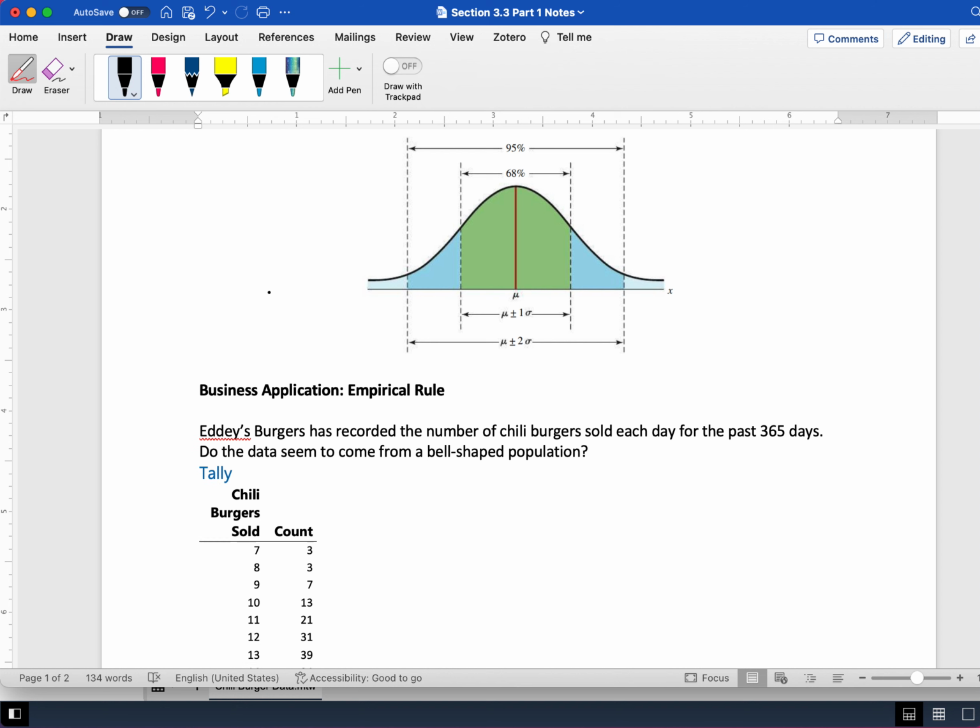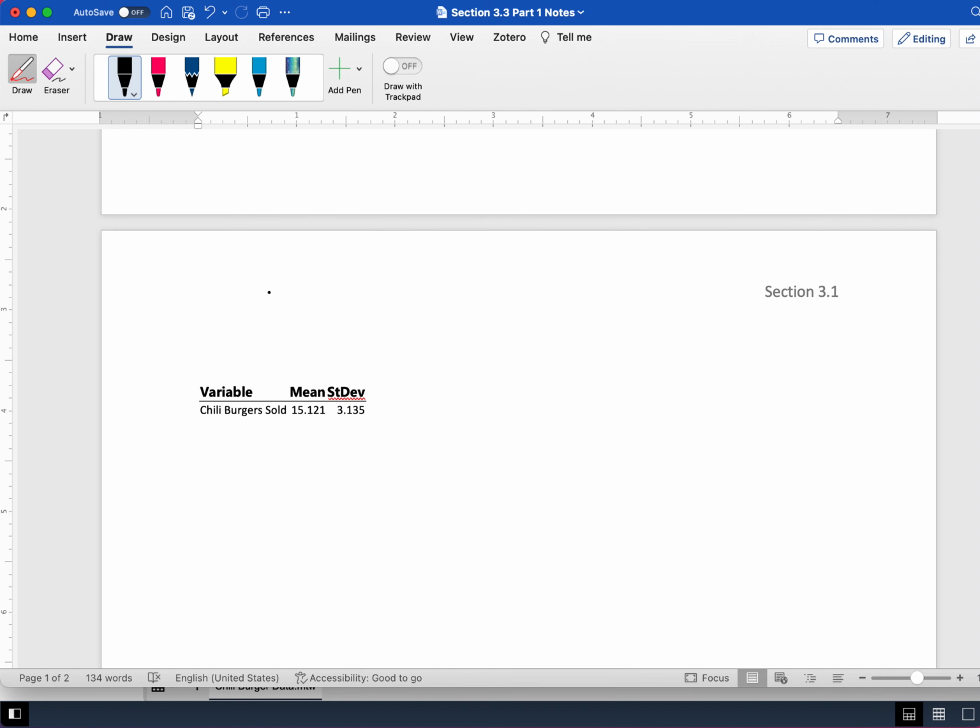So what I need to do first is use my mean and standard deviation to calculate what mean plus standard deviation and mean minus standard deviation are. So mu minus sigma, remember mu is mean, sigma is standard deviation. I'm going to round these to tenths just to make the calculations a little bit easier.